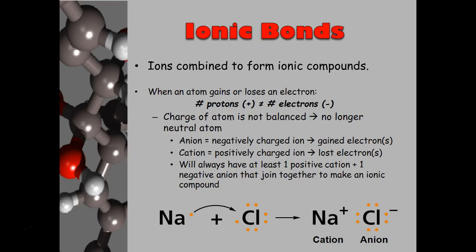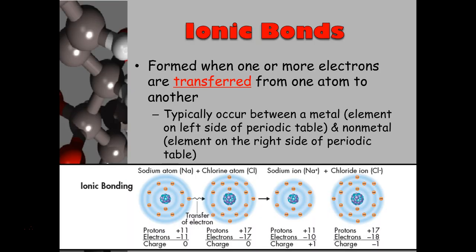So if I go back to my sodium chloride here, so sodium is ultimately going to lose 1 of its electrons. Alright, now in order for this to work, it still has to be 11 protons because it's still sodium, right? So if I go back to this picture right here, 11 protons, right?